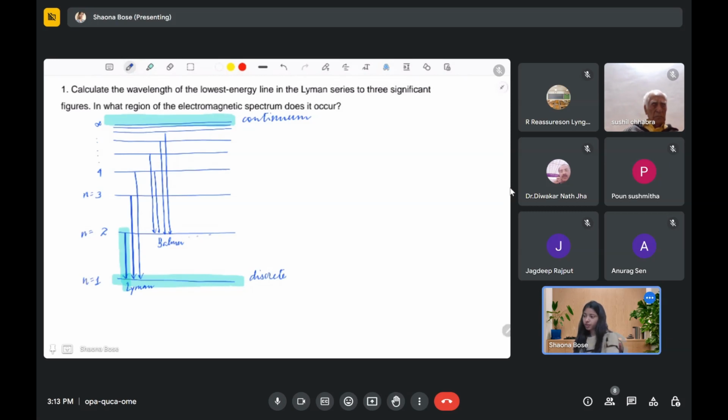So we can use the formula: 1 by lambda is equal to RH, the Rydberg constant, times 1 by n1 square minus 1 by n2 square. So you put in the values.